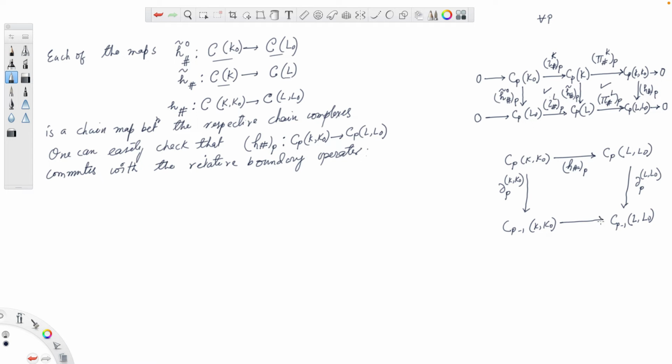And then I have this chain map H hash at p minus 1. It can be checked that this diagram commutes. That is, del p L comma L0 composed with H hash at p is equal to H hash at p minus 1 composed with del p K comma K0. Okay, good.